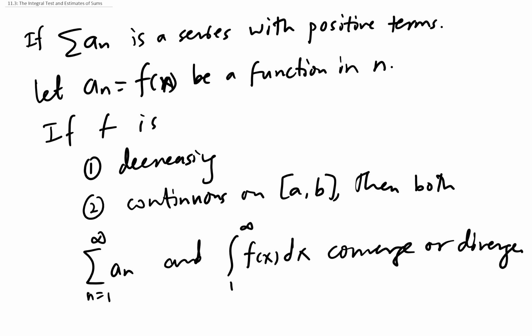So what does that mean? It means you transform the series into an integral, a function, and you integrate this as we did in the previous chapters. If the integral converges, then the series converges. If the integral diverges, the series diverges. Okay?